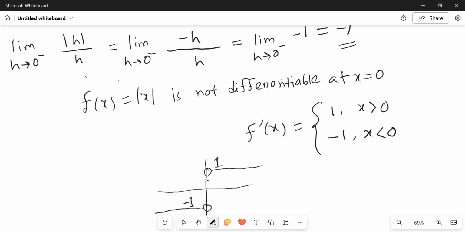This is because the function is not differentiable at x equal to 0. That's why we made this open circle. And the derivative, when we are coming from the positive direction towards the point x equal to 0, is 1, and minus 1 when we are coming from the negative direction.